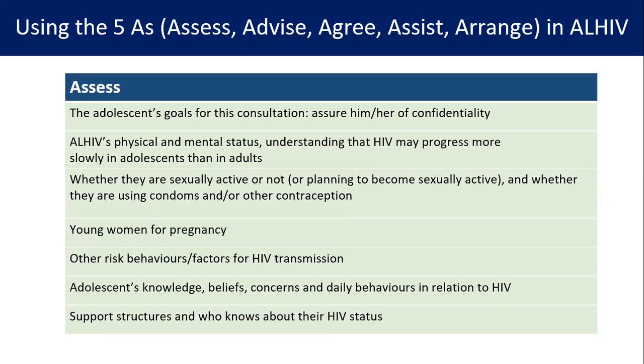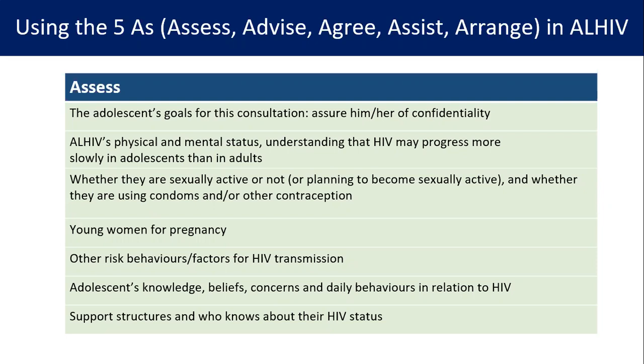If it is a young woman, then you have to assess whether she is pregnant or not. Any other risk-taking behaviors which can lead to HIV transmission, you have to assess. Then what the adolescent's knowledge and beliefs are, and the support structures, who knows about their HIV status, that has to be assessed when you are counseling the adolescent.